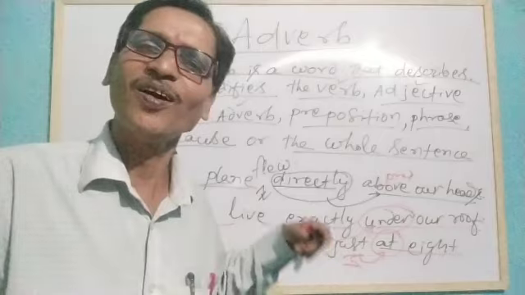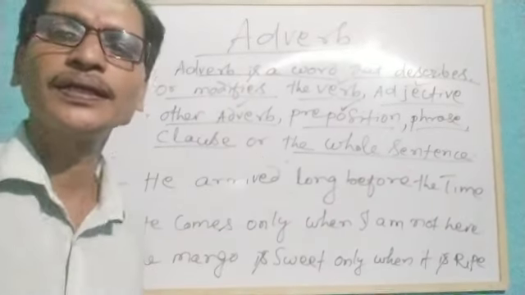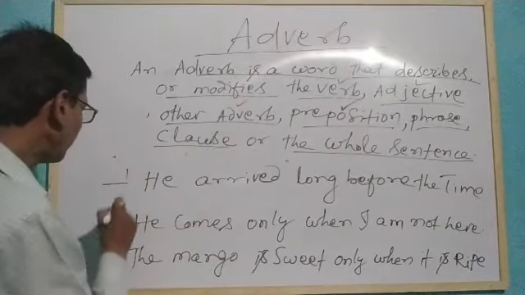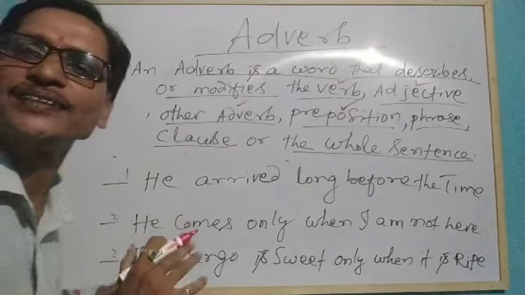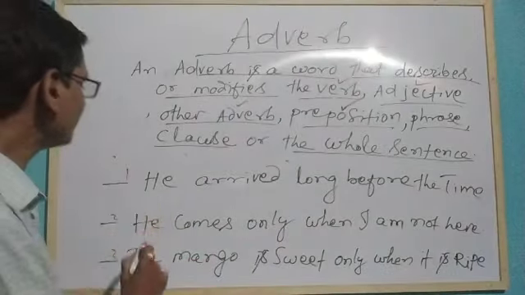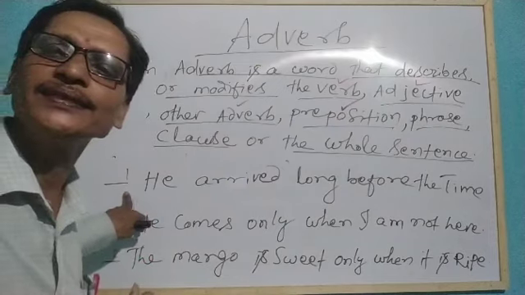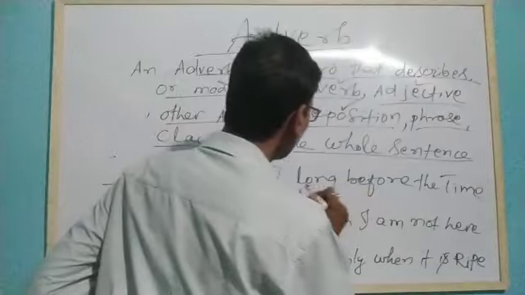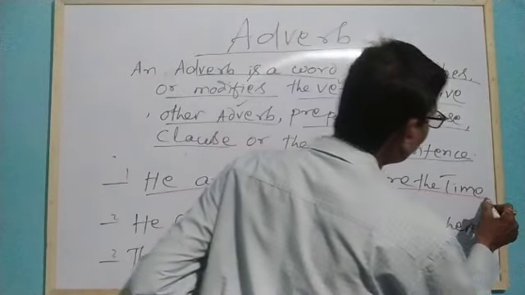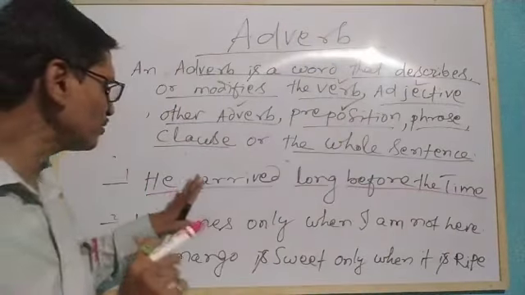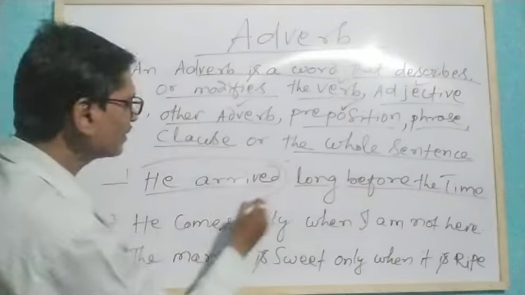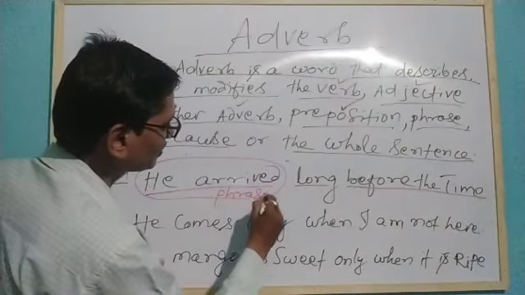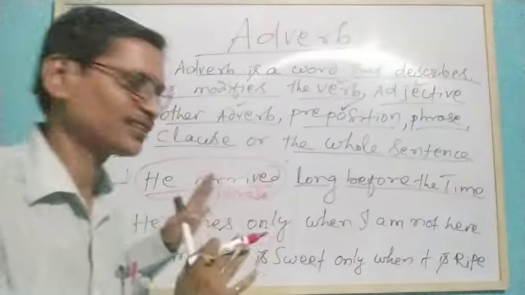Let's understand other examples. Here I have written examples 1, 2 and 3, so try to understand this. In number 1, the statement: he arrived long before the time. Here you see, he arrived is a phrase.